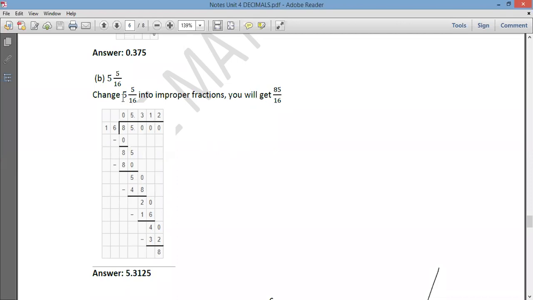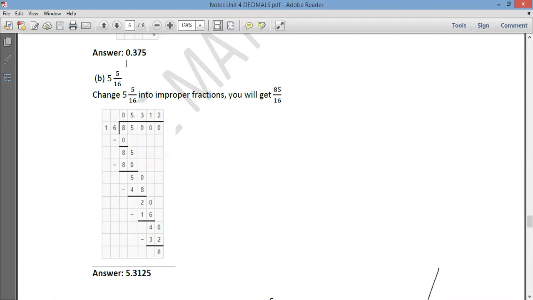So 16 times 5 plus 5, then you get 85. Then the denominator will always be the same. So 85/16 means 85 divided by 16. Then you divide it, and the answer is 5.3125.